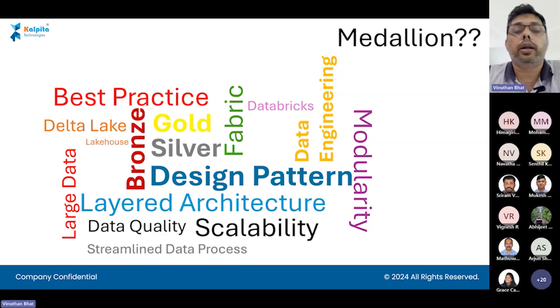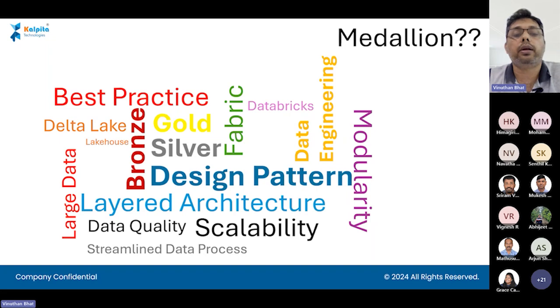and the streamlined data process. So basically, medallion architecture is a design pattern that is commonly used in data engineering, and it is a layered architecture with layers like bronze, silver, gold.